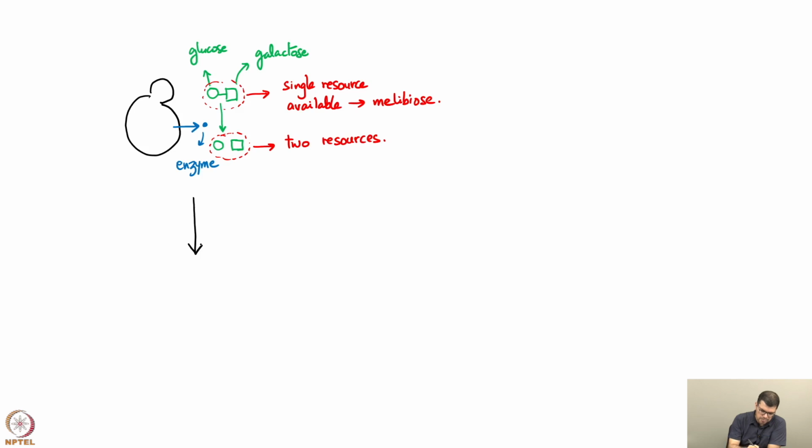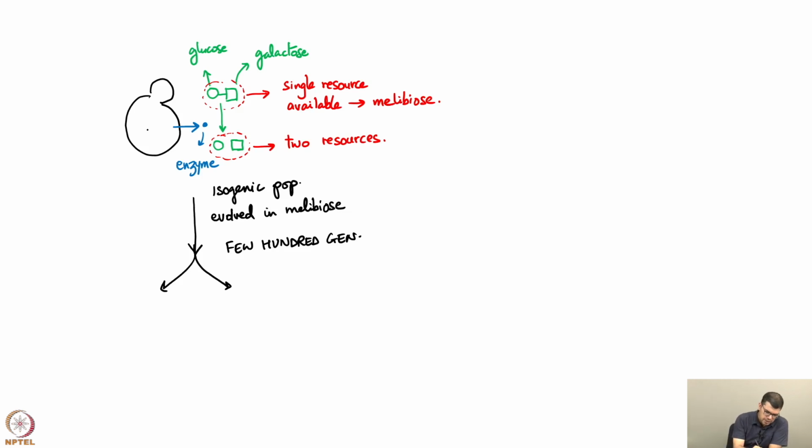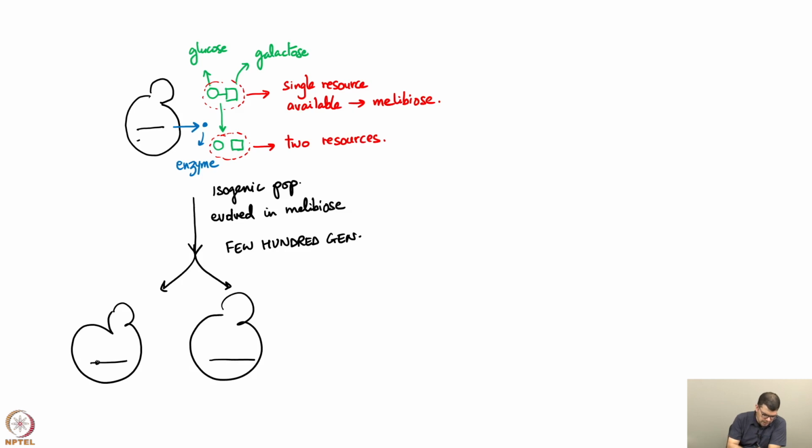When we evolve an isogenic population in melibiose, what happens is that at the end of the evolution experiment, which we have tested for a few hundred generations, of the order of 500 generations, if this was the DNA of the yeast that we started with, we get two different types of populations coexisting in the tube, where one is carrying one set of mutations and the other one is carrying a different set of mutations.